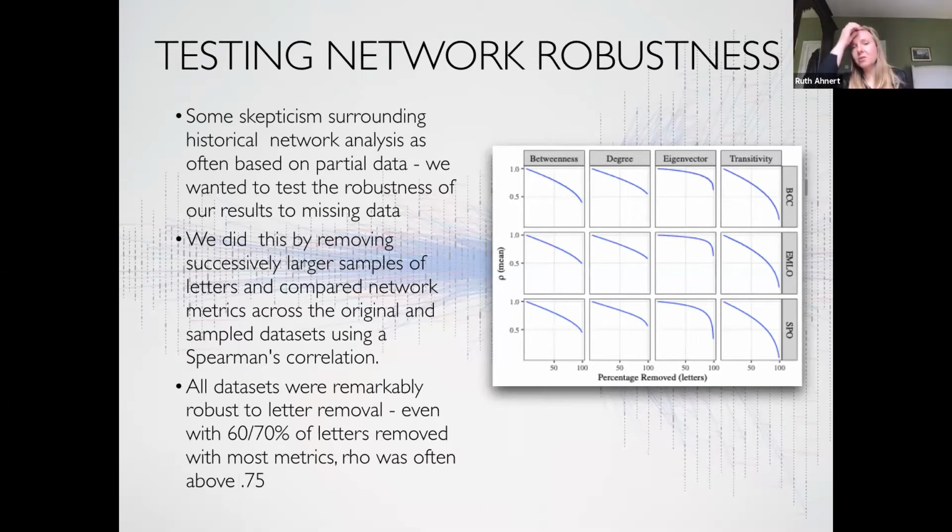We think this is in part due to the shape of our data sets, with a heavy skew towards a small number of nodes, and also because in many cases we have multiple letters between the same pair of people. So as long as one survives the sampling process, an edge will still be drawn between them. But it also suggests we should be much more cautious interpreting the results of the lowest connected nodes, those further down the rankings.